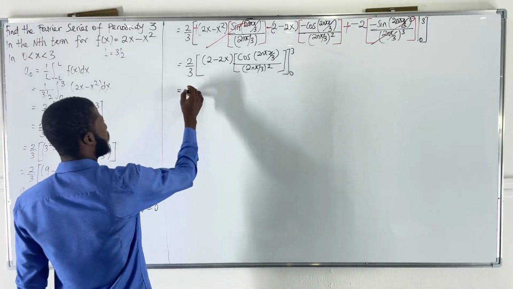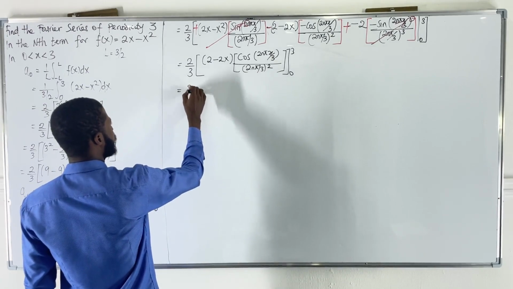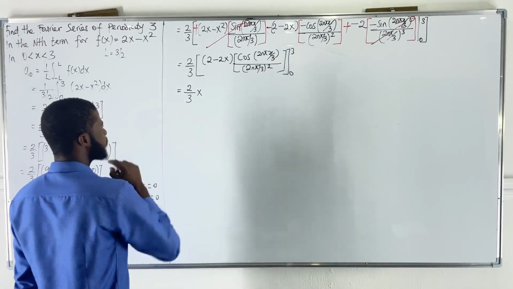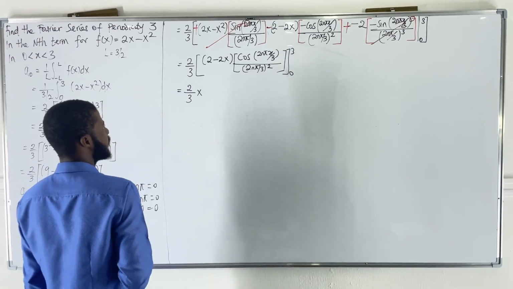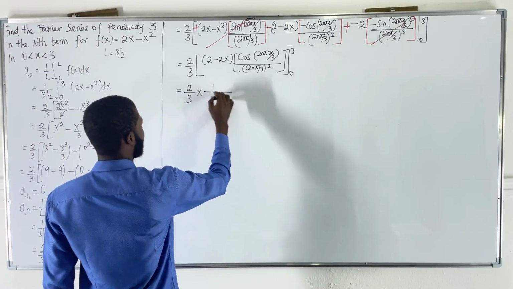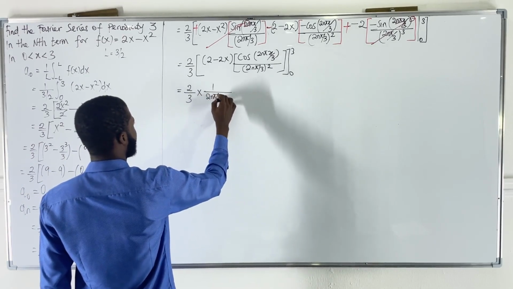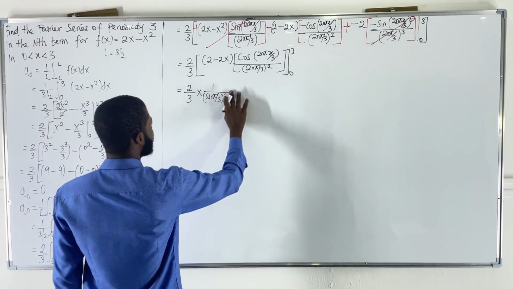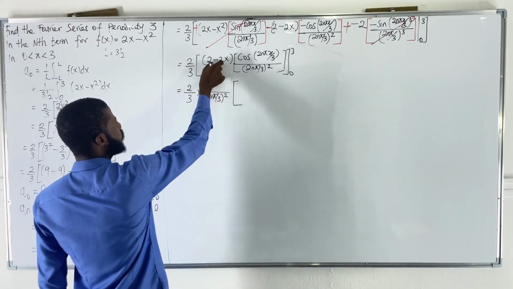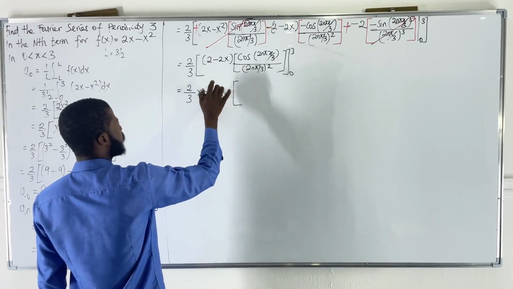So this will become 2 over 3 times 1 over 2n pi over 3 all squared. Now, if you notice, this is 2, this is 2, so 2 is also common here. So I can bring out the 2.